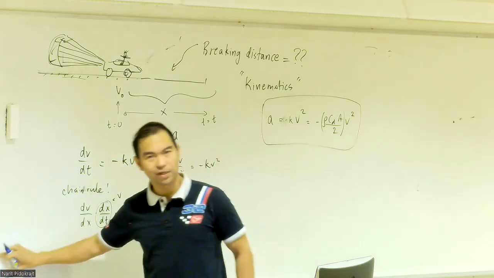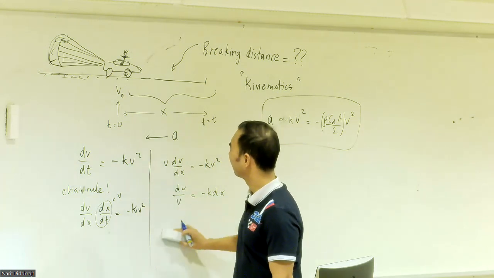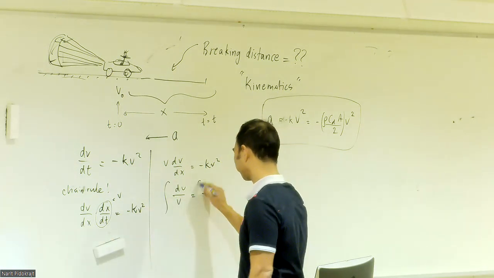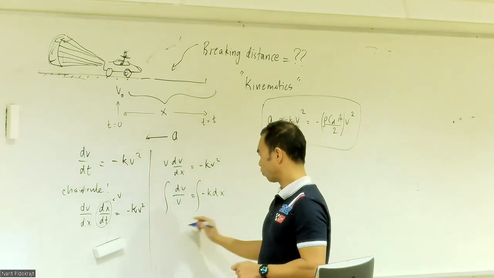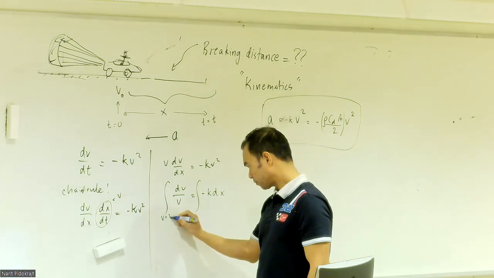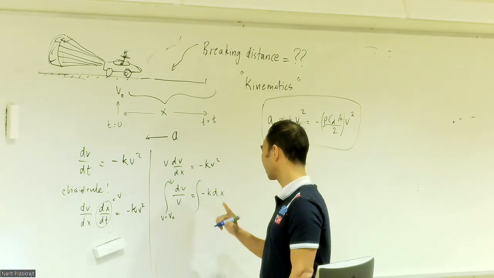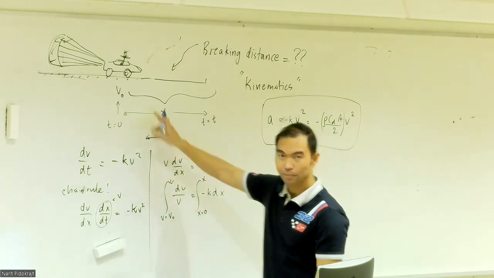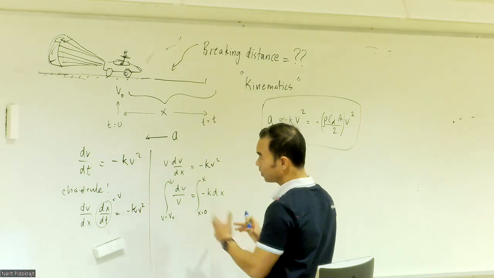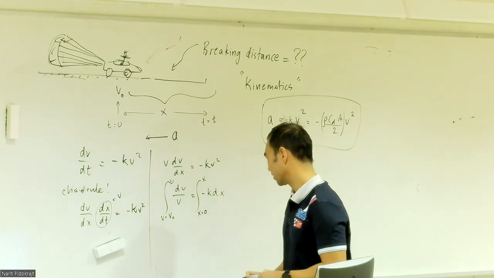This is just a simplification, right? Then you integrate. We integrate from v equals v0 to v equals v, and when x equals 0 to x equals x. Why? As I mentioned, we start from time equals 0, which is when you pull the parachute, or the parachute comes into deployment.